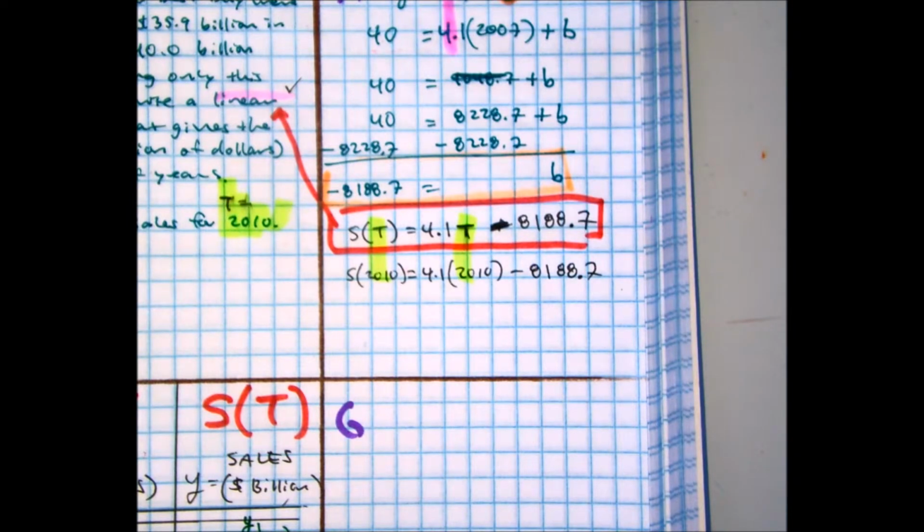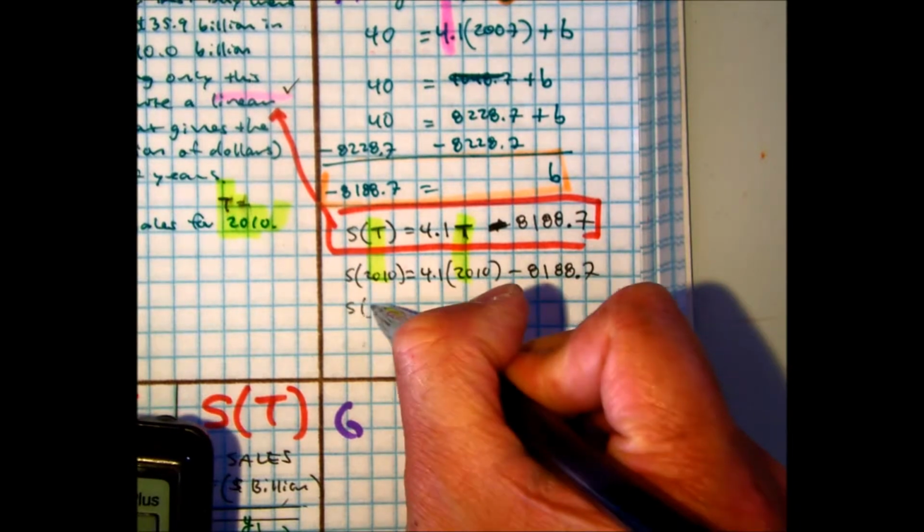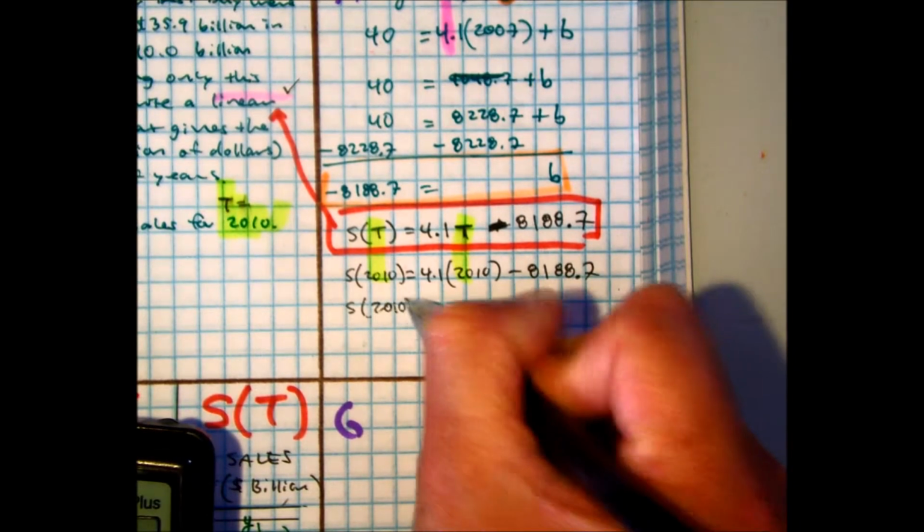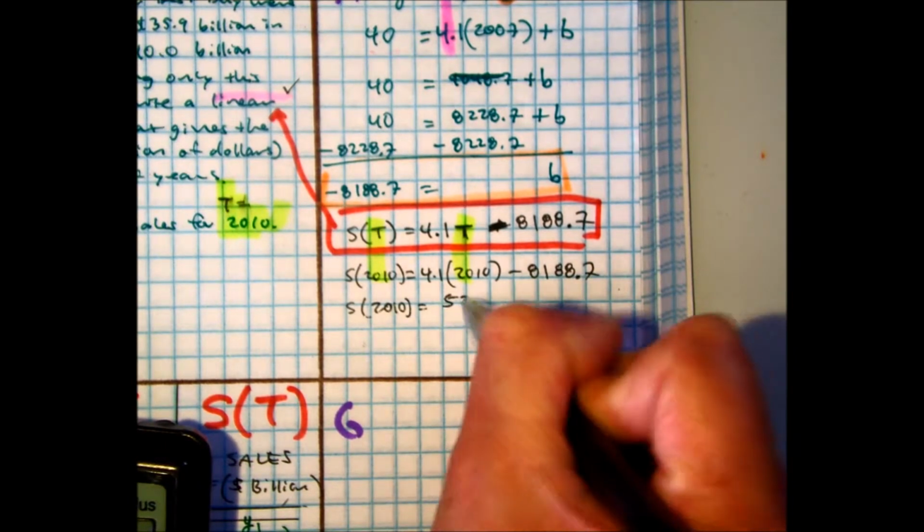Let's punch that in. 4.1 times 2010 minus 8,188.7. S of 2010, our sales for the year 2010, equals 52.3.